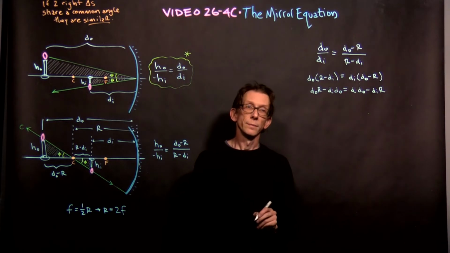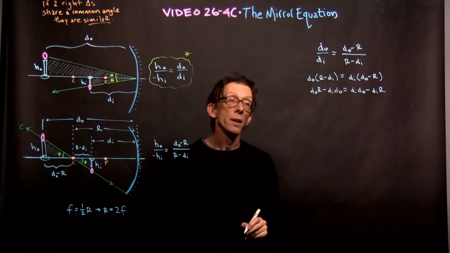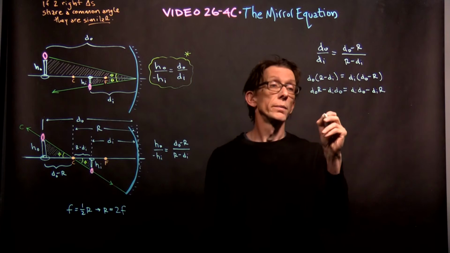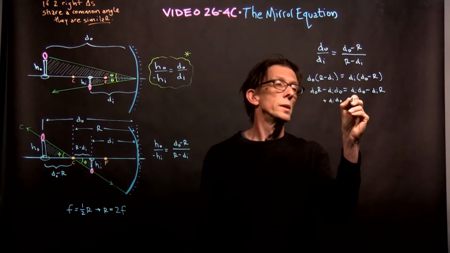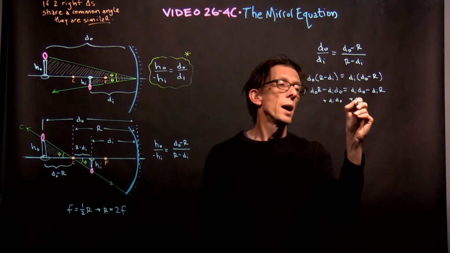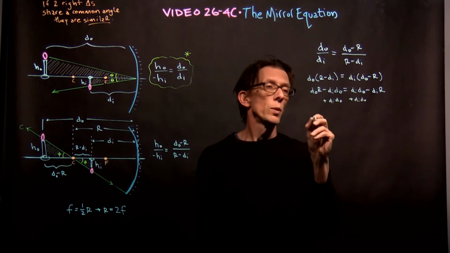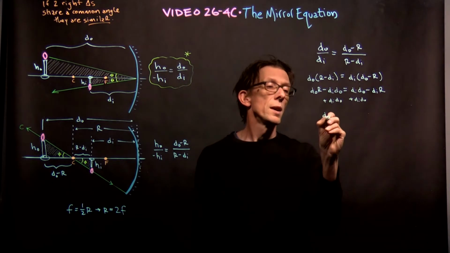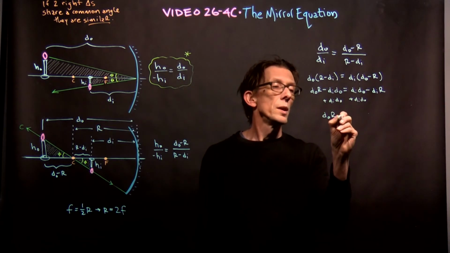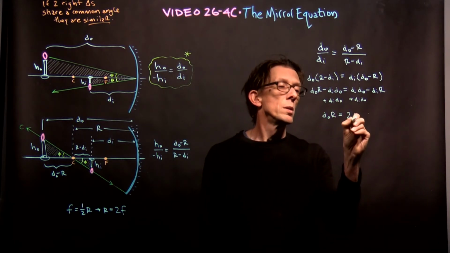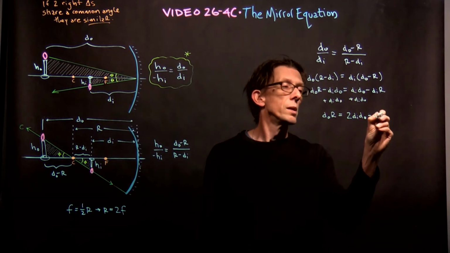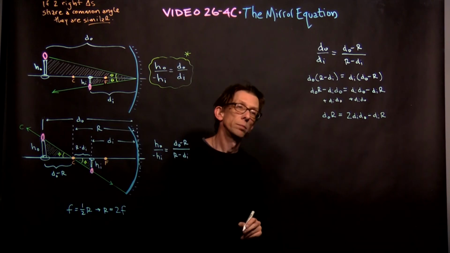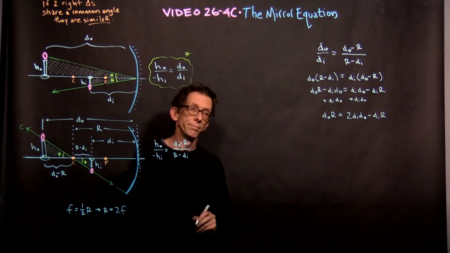Okay. Now I'm going to add DI D naught to both sides. On the left-hand side we get D naught R equals 2 DI D naught minus DI R. Okay, I just added DI D naught to both sides.